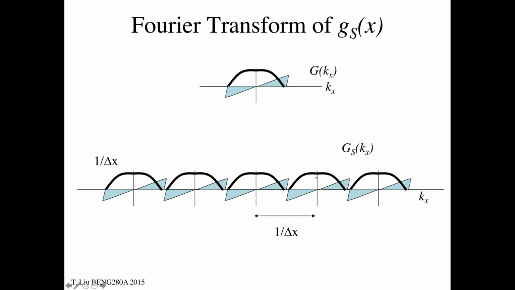If we undersample, that means delta x is too big, then this distance in Fourier space becomes smaller, and these replicants get closer together, and these values start overlapping.